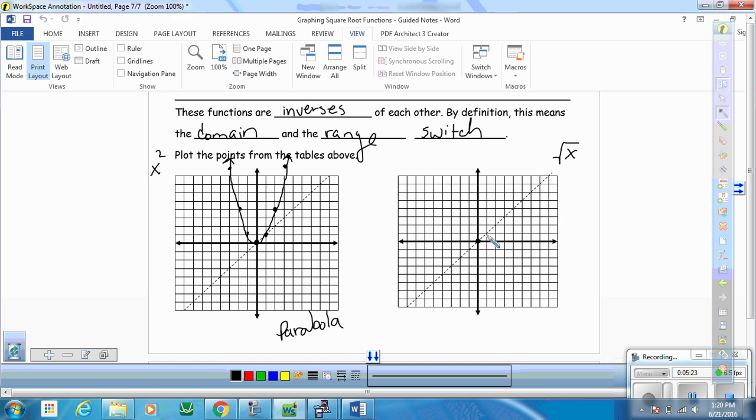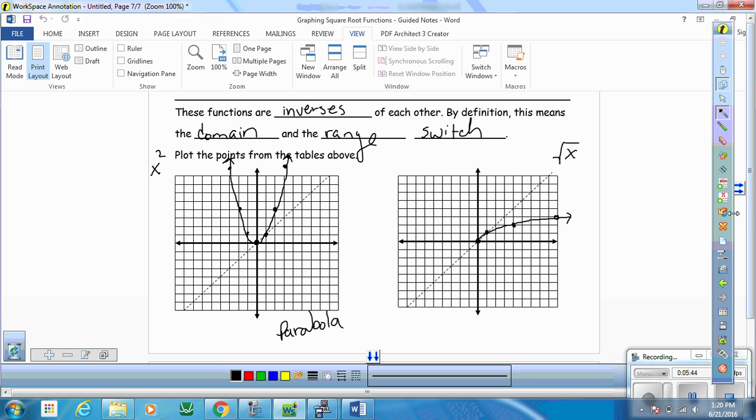If we're doing the square root of x and we're plotting those points, we had 0, 0. Let's see, it was 1, 1. It was 4, 2. And then it was 9, 3. So that gives us this one as well.